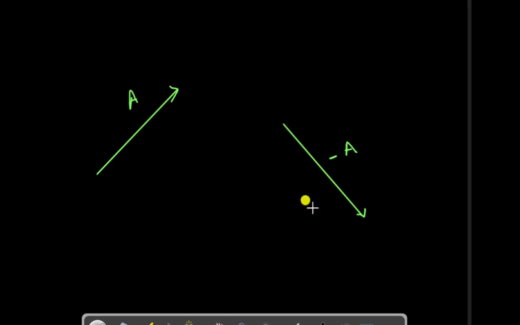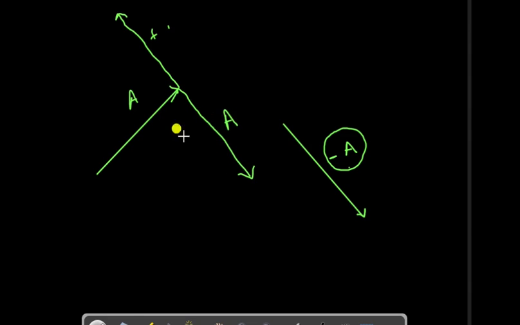If minus A is a positive vector, then I just have to shift it. This will be like this if it is positive. If A is negative, it will go this way. Here I connect this and this will be the resultant.